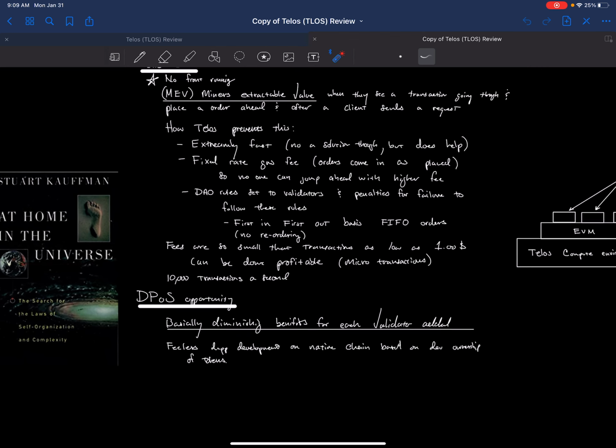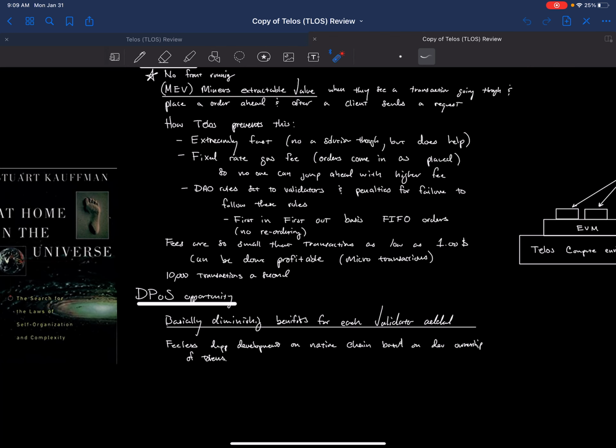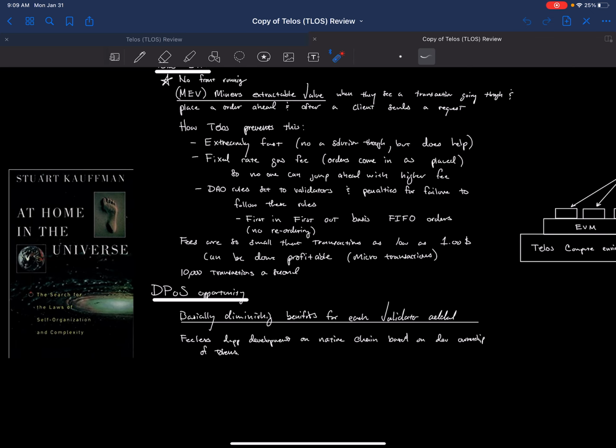Okay, so how does Telos prevent this? Well, it's extremely fast. And that's not a solution because code runs super fast. But the fact that Telos is fast means that there's no latency to these things. But what is a solution is a fixed rate gas fee. So orders come in as placed, that is very important.